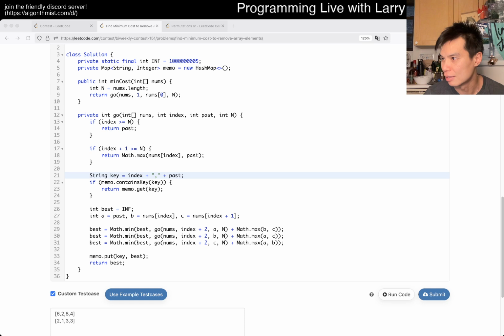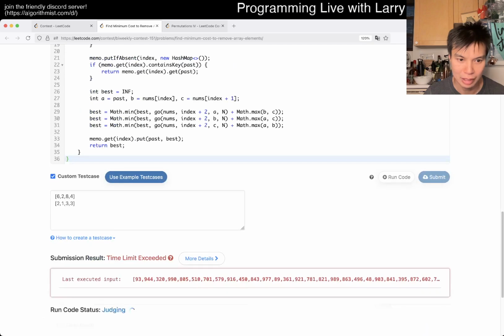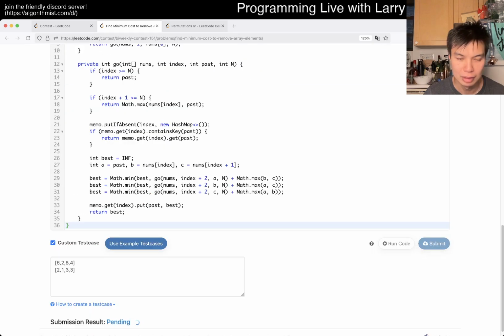Like, I don't really feel that bad about it per se. Because this is just Leetcode being stupid, if you ask me. Like, that should not have memory limited, and you know.